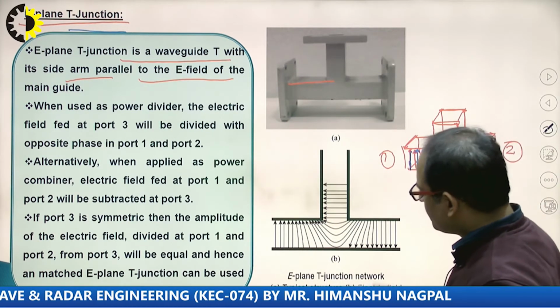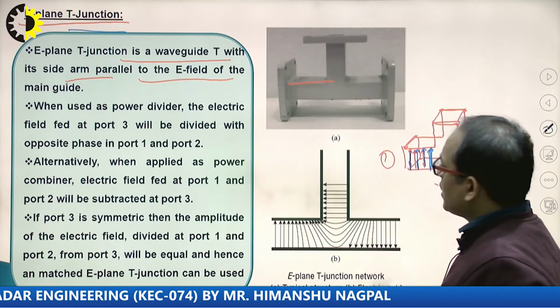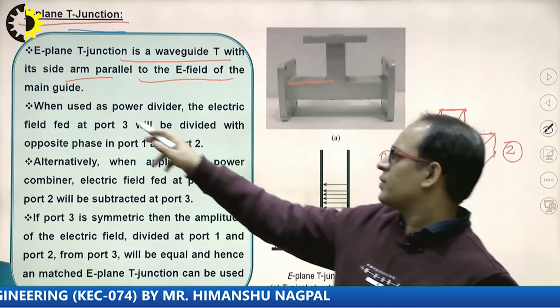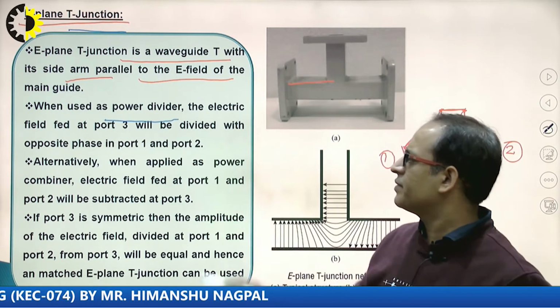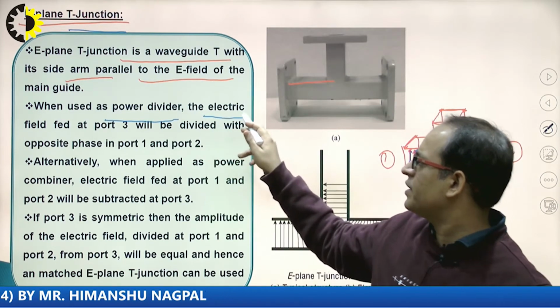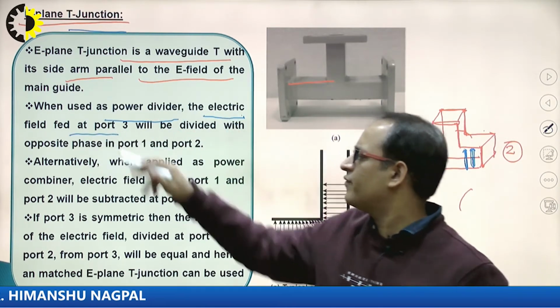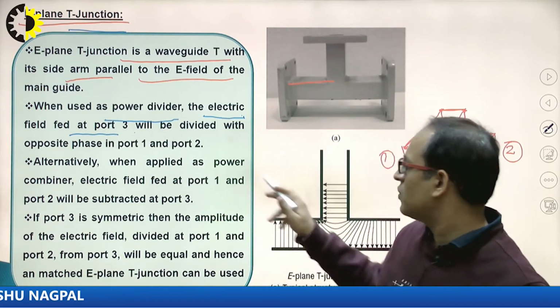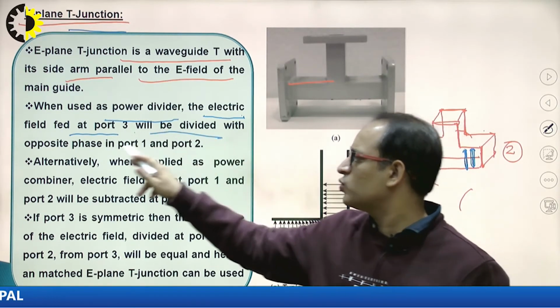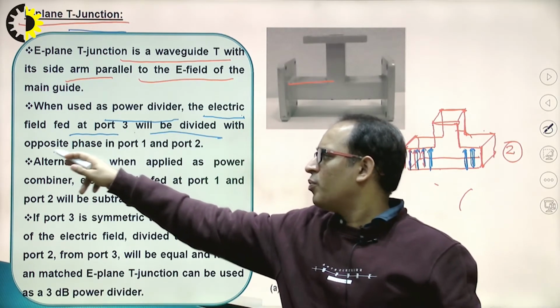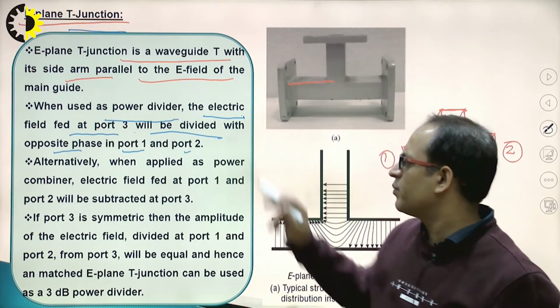Now see, this can also act as a power divider. In this, if the electric field is fed at port number 3, then the whole power will be divided into two parts, in opposite phase, that is at port number 1 and port number 2.